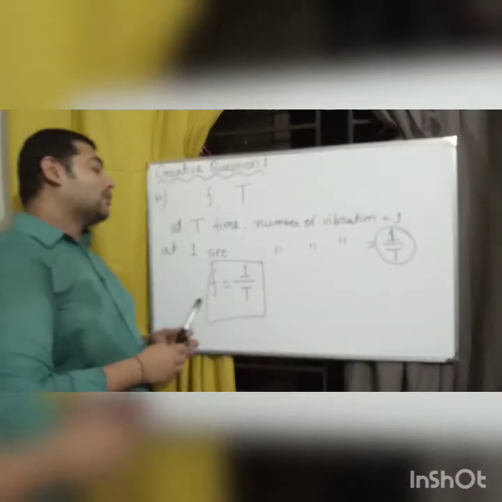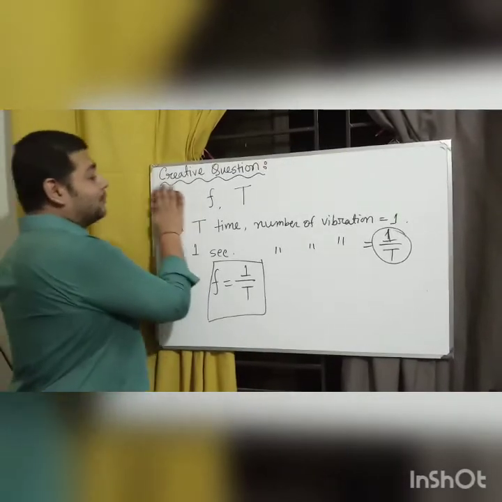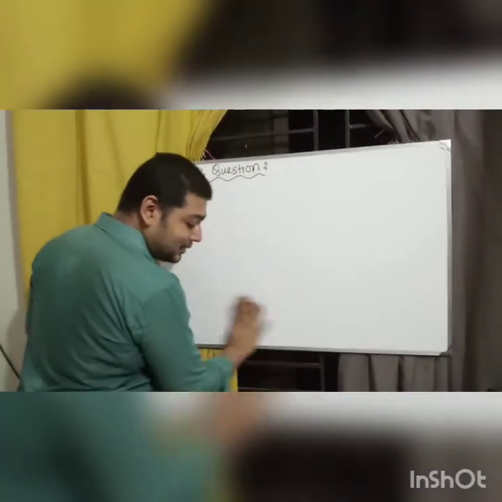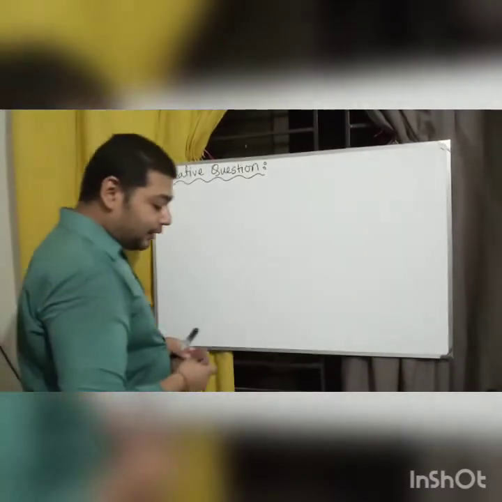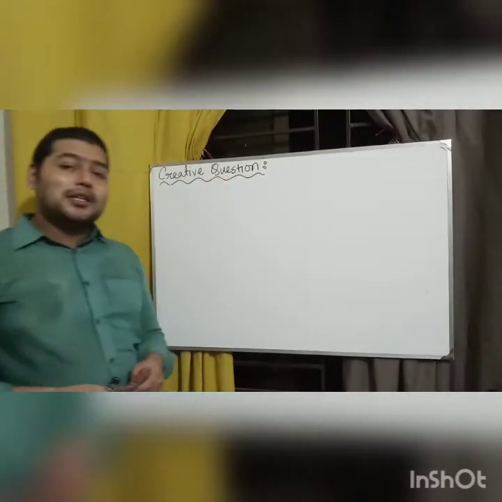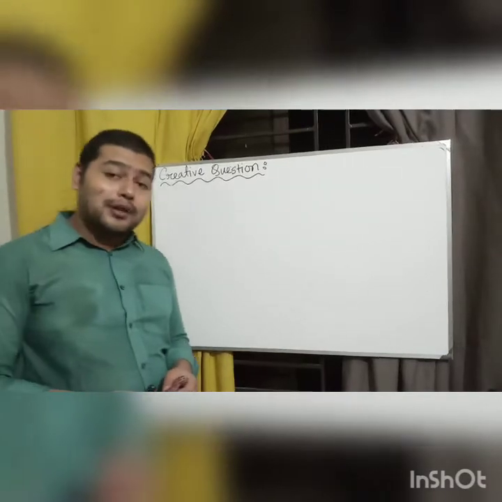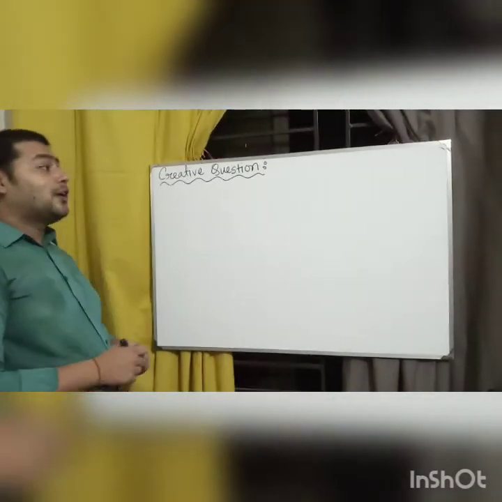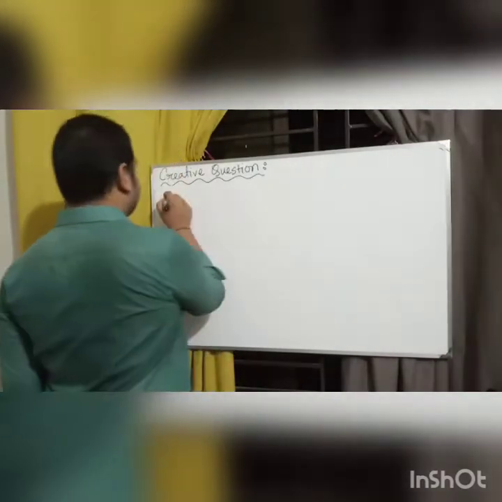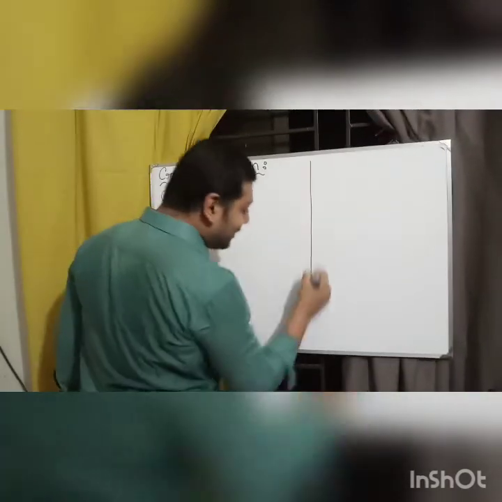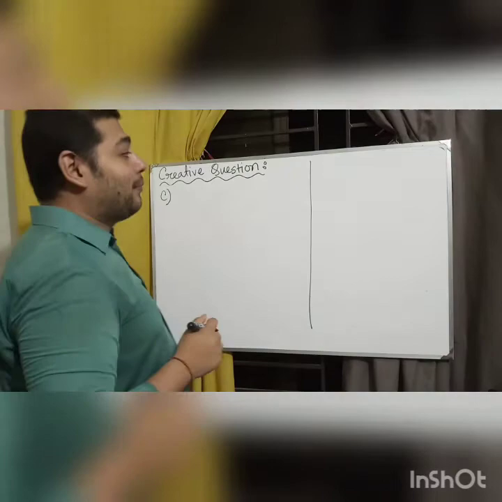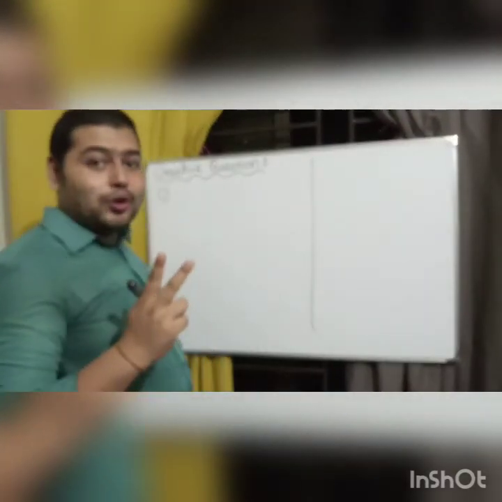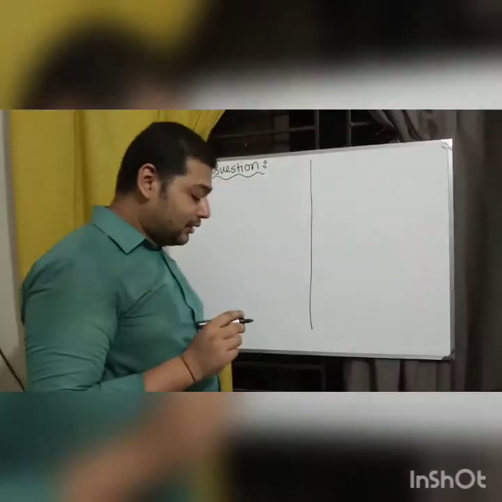Okay, now question number C. Question number C says: calculate the velocity of sound in medium A. For calculating the math, we have two frequencies given.